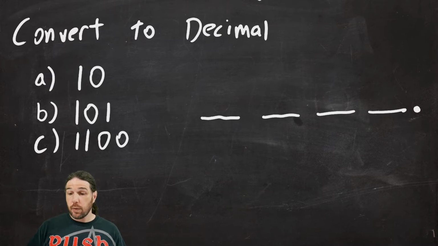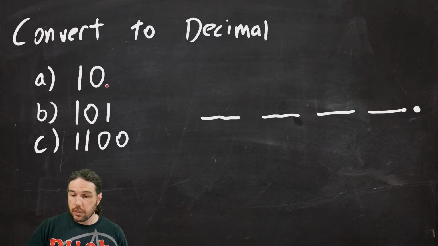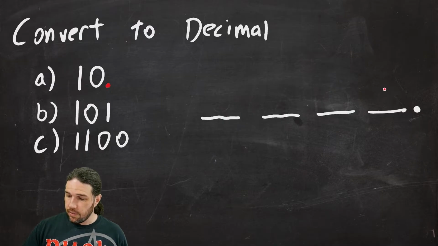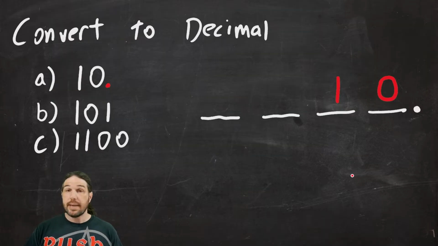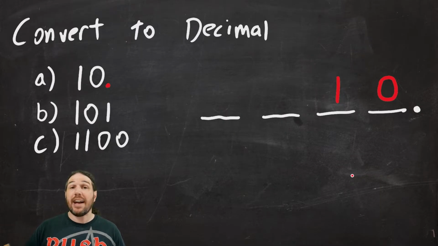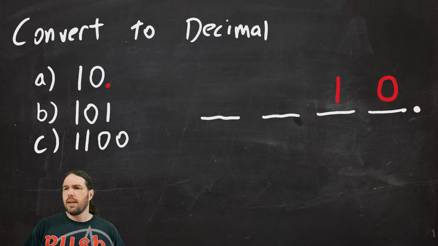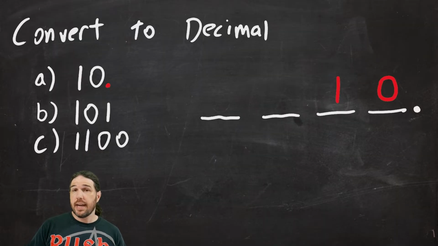And just like with base 10 numbers, we start with the leftmost digit in the ones place. So that's going to go there, there. There's our 1, 0. Now all we have to do is remember what the value is of each of these places. And for me, having the first few powers of 2 memorized has been really helpful.